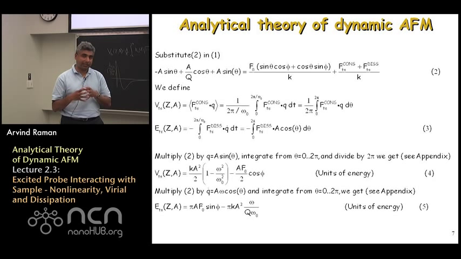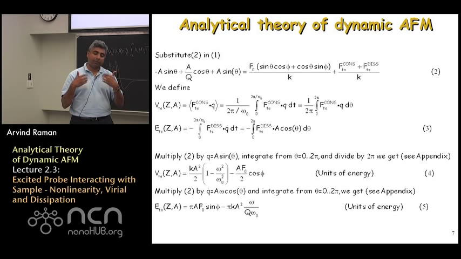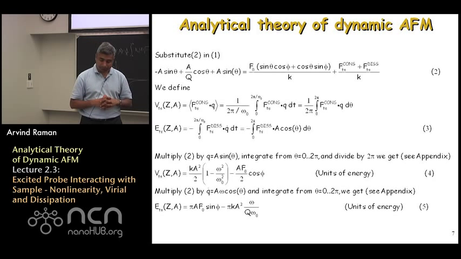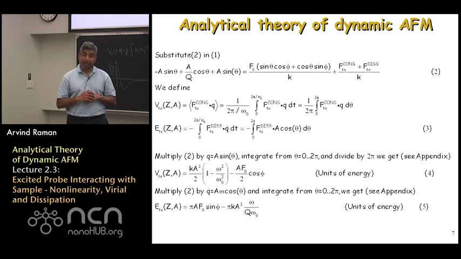We'll come to the physical significance of V sub ts. For the moment, we just define this quantity as the average value of the product of the conservative tip-sample interaction force times the tip displacement over an oscillation cycle. The second quantity is the negative of the dissipative interaction forces times q dot dt.